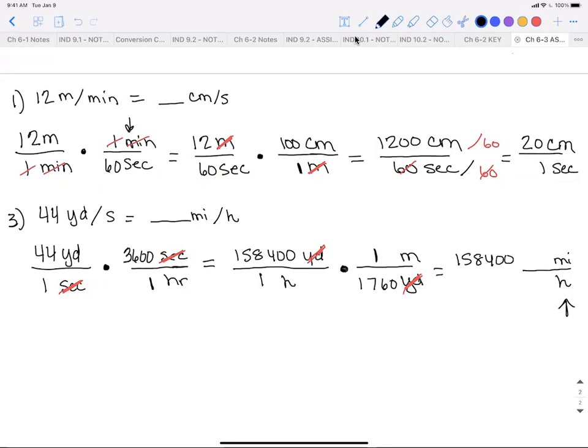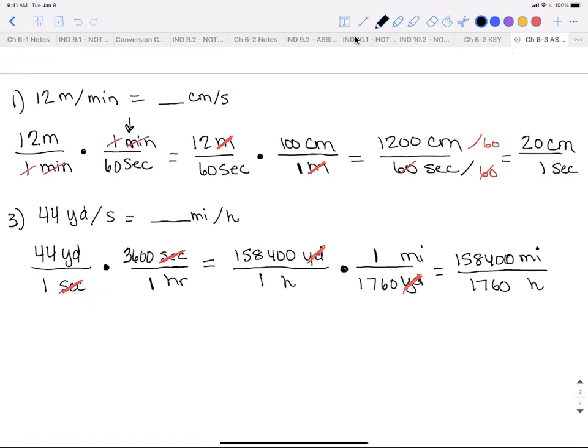Let me erase this because it's kind of in the way. What's my only measurement that survived? Miles. I'm going to stick this 1 in here because I'm getting lazy. Miles over 1 times 760, that's the number. And then what's my only measurement that survived?